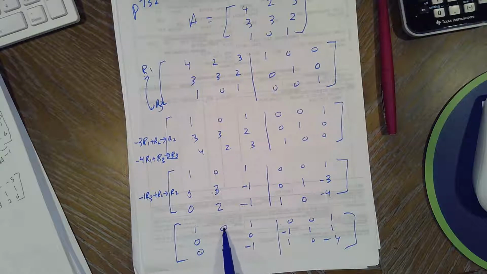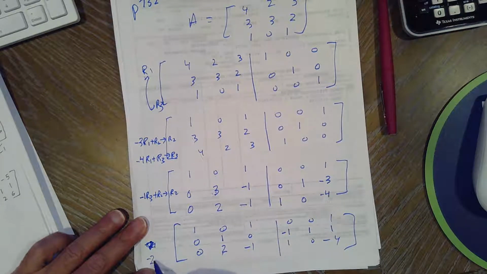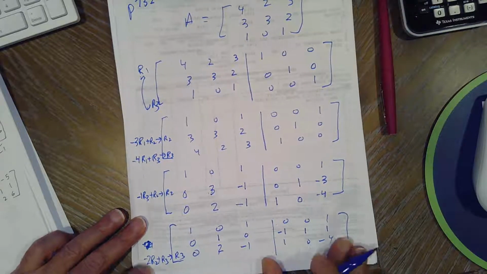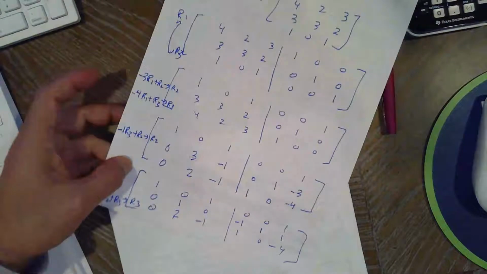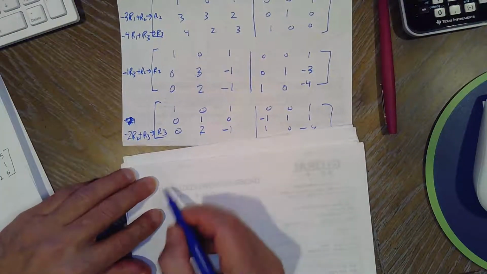So we got the 1, we have the 0 up there, we need a 1 here, so we're going to times the second row by -2 and add it to the third row. So -2 R2 plus R3, I want to give it to R3. So you can see it's a lengthy process. There's nothing hard about it.